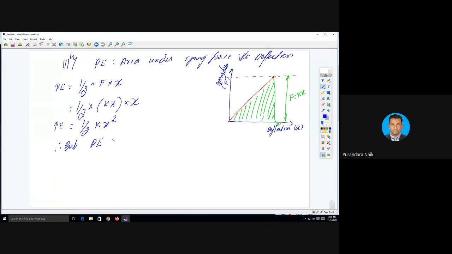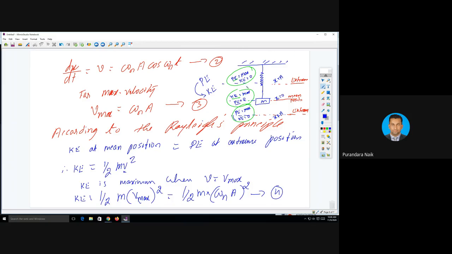But potential energy is maximum. When will it become maximum? Can anyone tell? Potential energy will be maximum when? At the extreme end, potential energy is maximum. Now, what is the displacement at the extreme end?